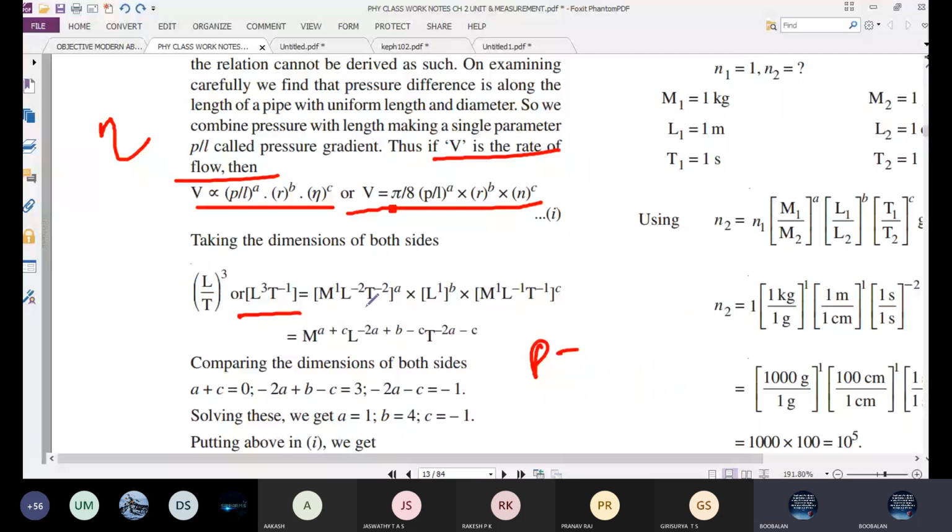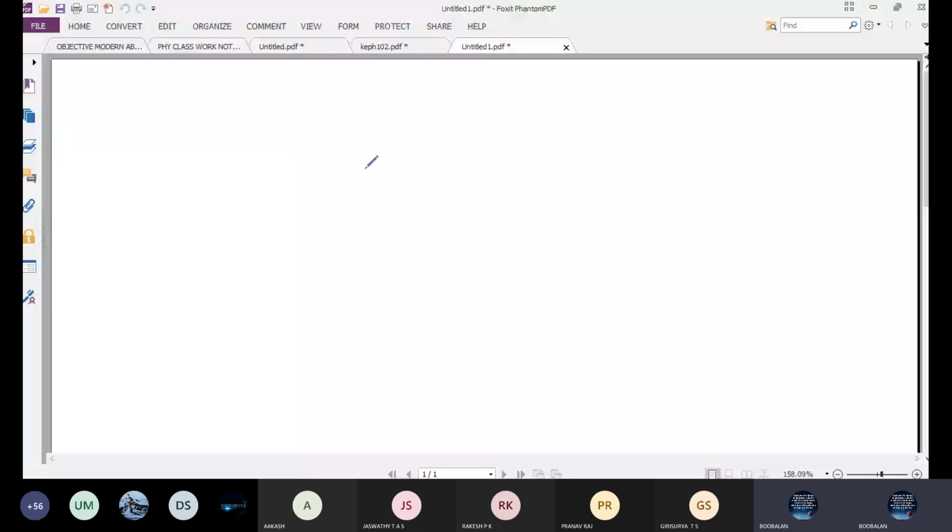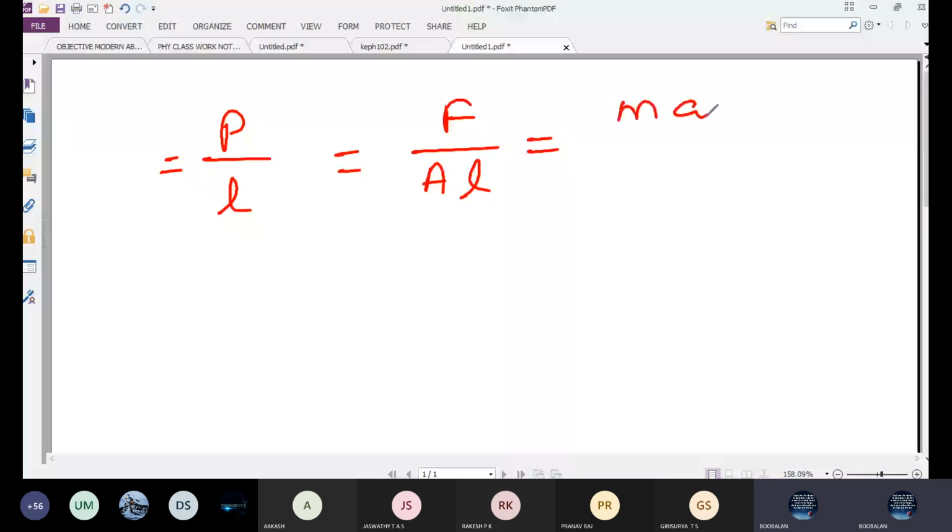Pressure divided by L. Pressure means force by area into L. Force is mass into acceleration. No need to go step by step, you can write directly. For the new students, I'm explaining step by step. Area into L. So now write the dimension formula. Mass M power 1.